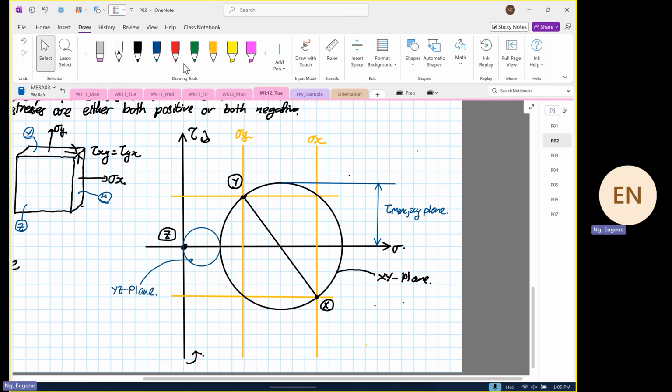The bigger circle, which is the most important one, okay. We know that this will be your largest circle, and this belongs to your what?